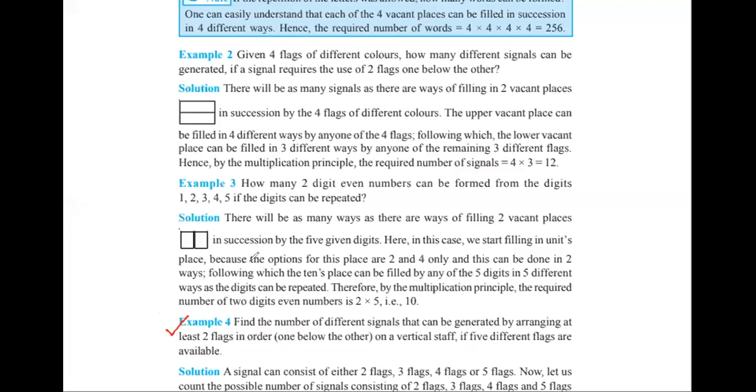Sorry, yeah. Try question 4, everyone. 4 is a tricky one. Think about it.